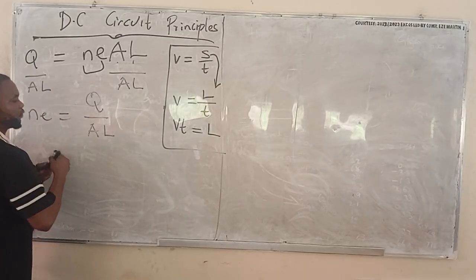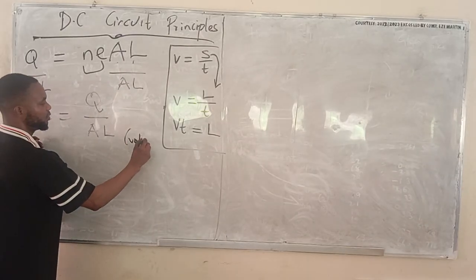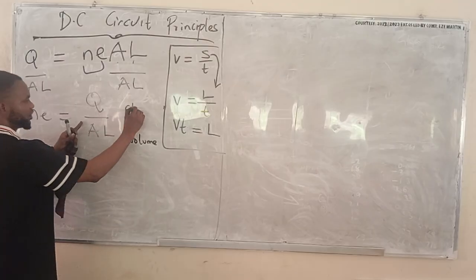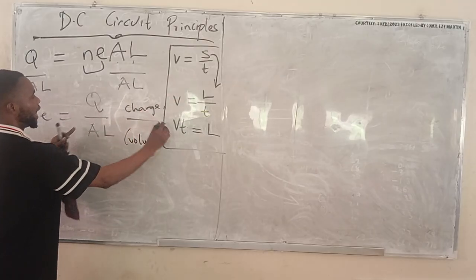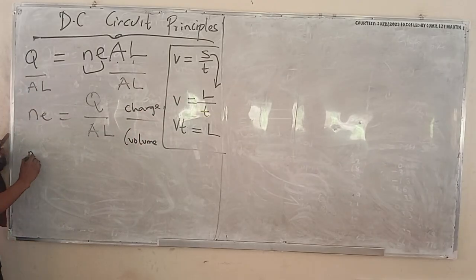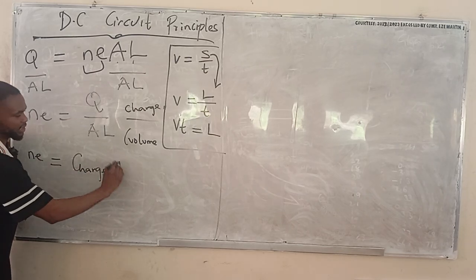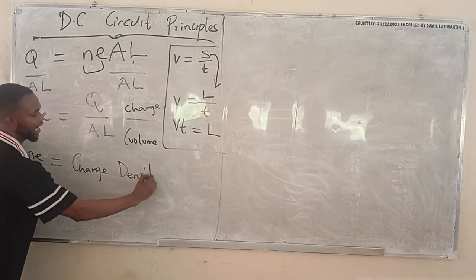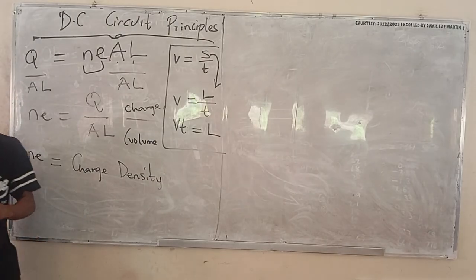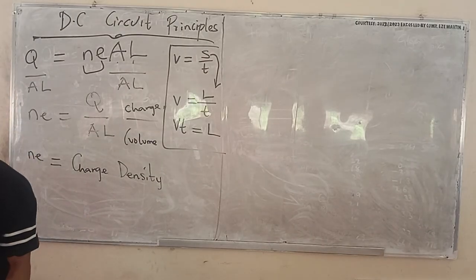And this thing is volume, and this is charge. So another way to put it is that NE can also be seen as charge density. Charge density. NE can also be seen as charge density.